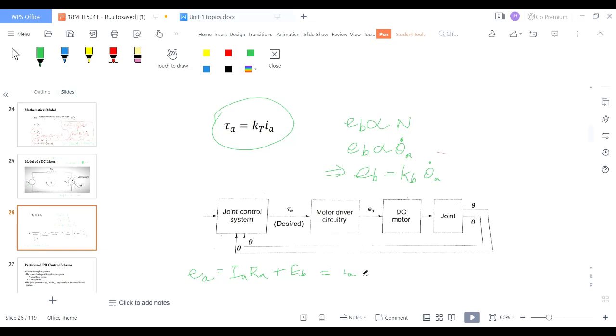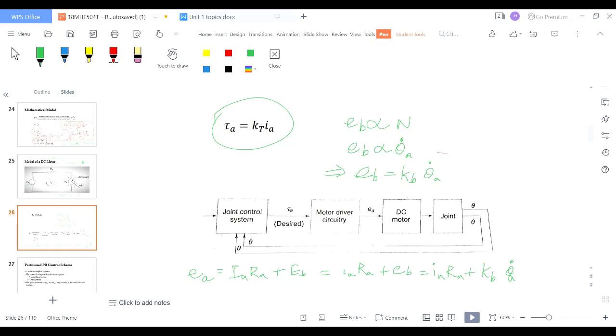We know what EB is, so EA is equal to IARA plus KB times theta A dot.